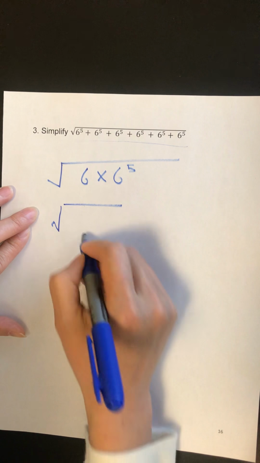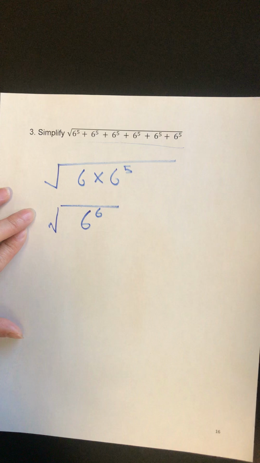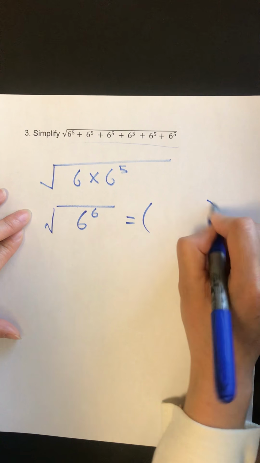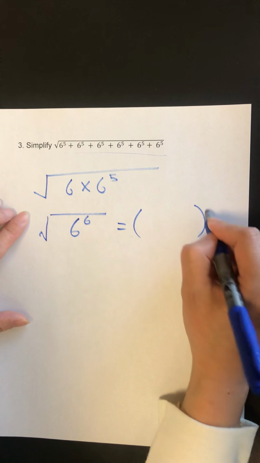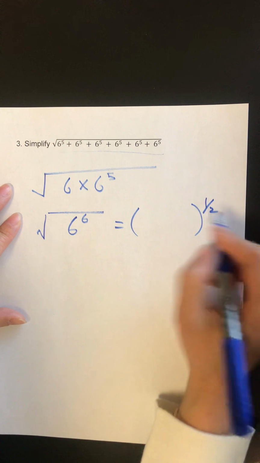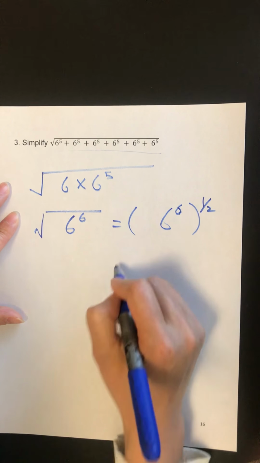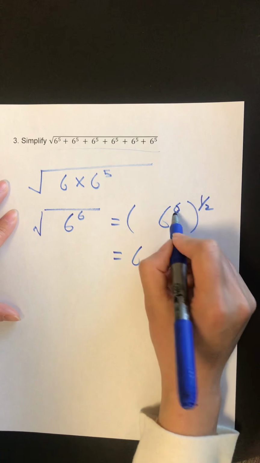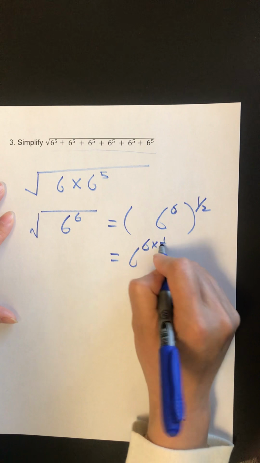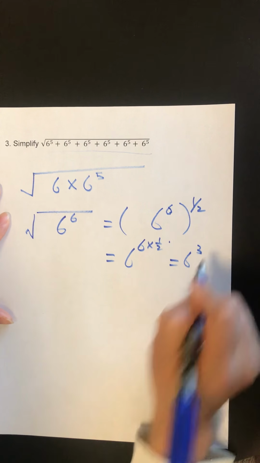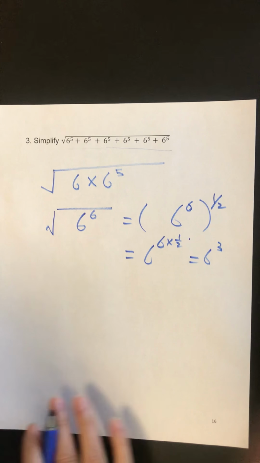So inside the square root, we have 6 to the power of 6. Again, by definition, the square root on the outside is a power of 1/2. Inside is 6 to the power of 6. Multiplication of the exponents, so 6 to the 3 is the final answer.